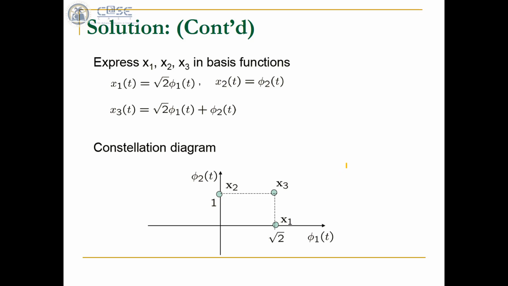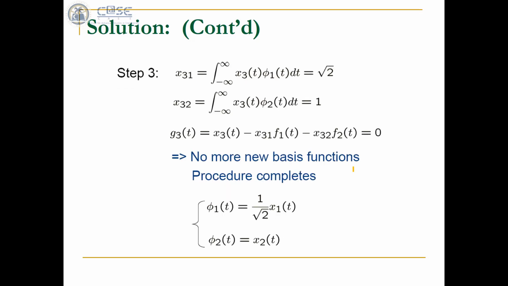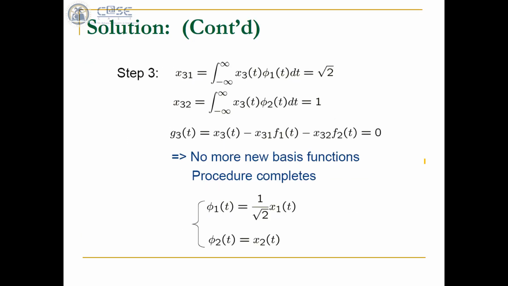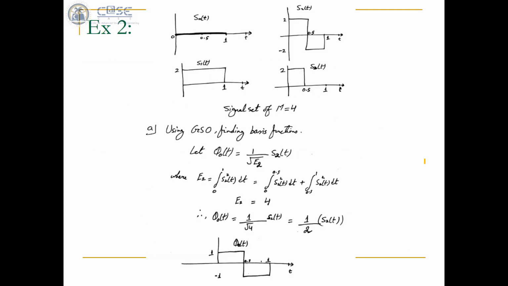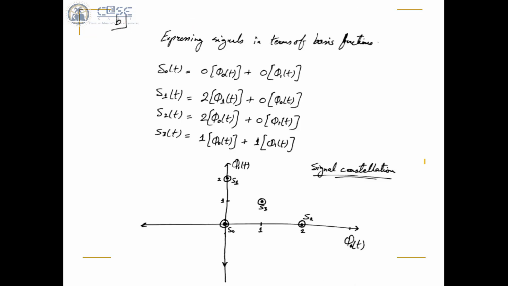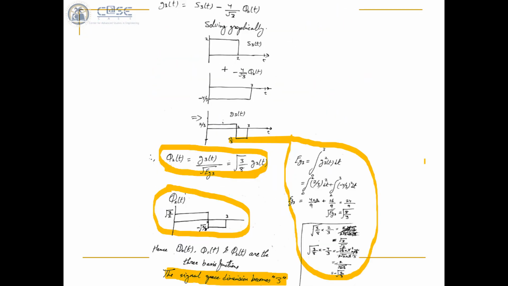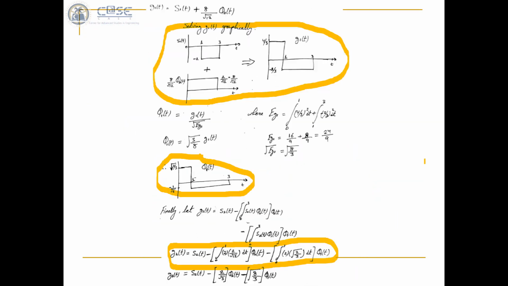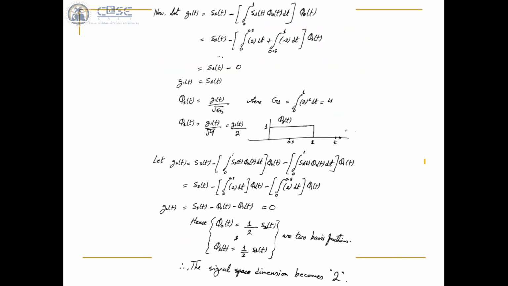So I hope this was not that difficult, and provided you solve the examples yourselves, I would like you guys to make notes and solve these examples again by hand in order to understand how things work in the GSO process, and you would be feeling much more comfortable afterwards. Unless you solve them yourselves, you won't be in a comfort zone.